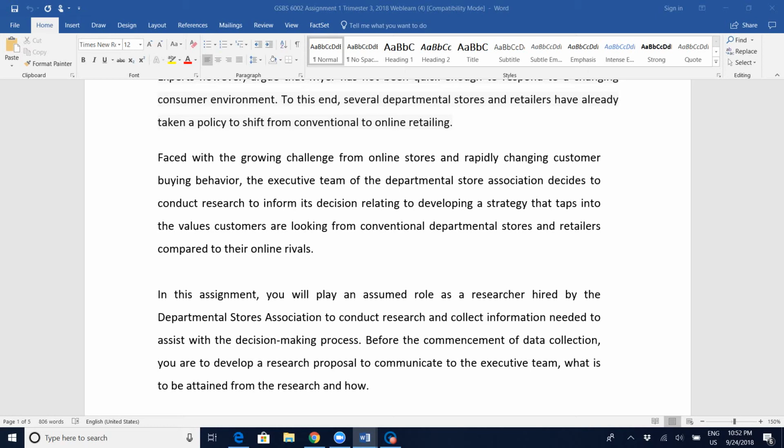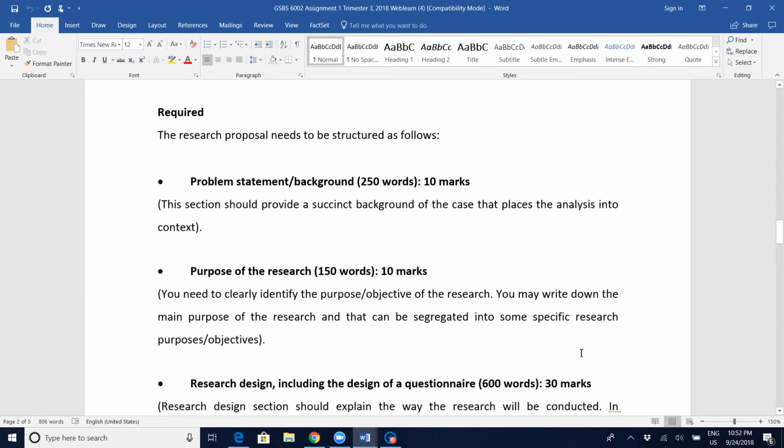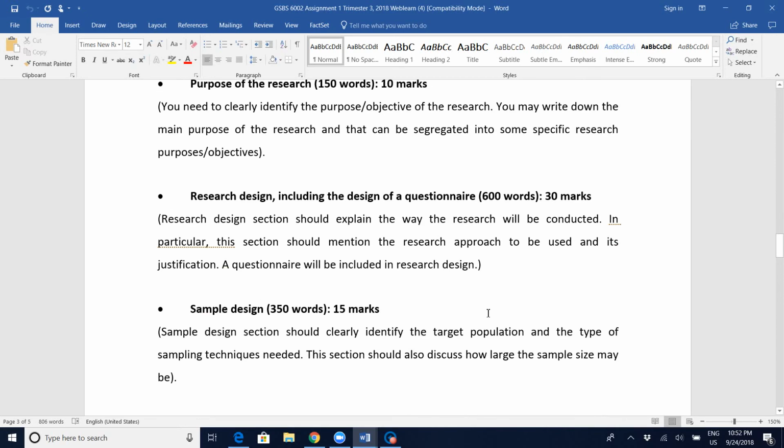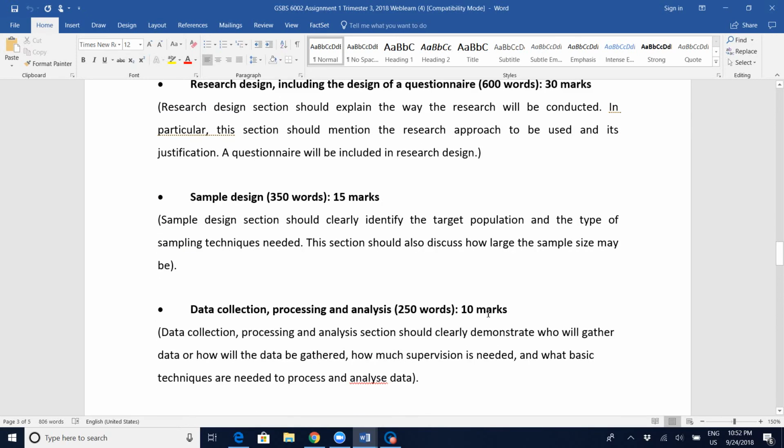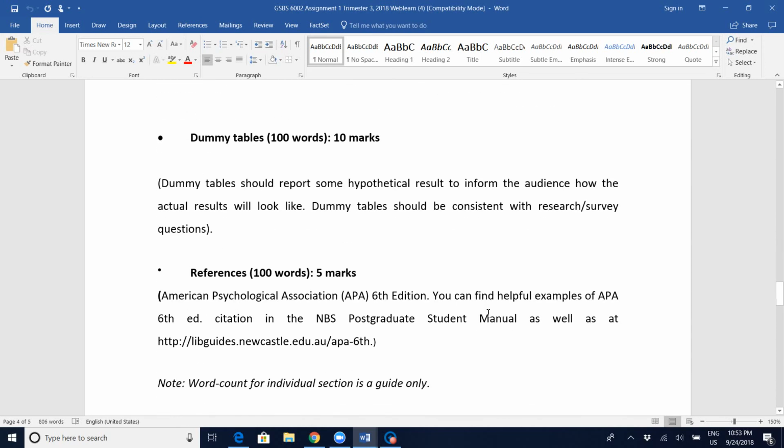You need to write a full-fledged research proposal, which should have the following components: problem statement, purpose of the research, research design, including the design of a questionnaire, sample design, data collection, processing and analysis, budget and timeline, dummy tables, and last of all, references.